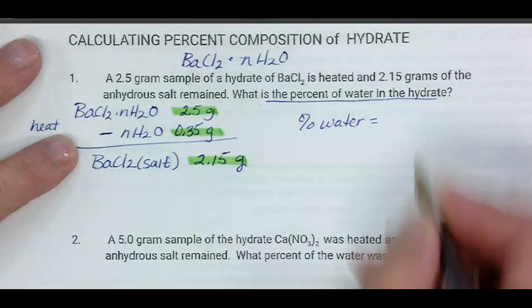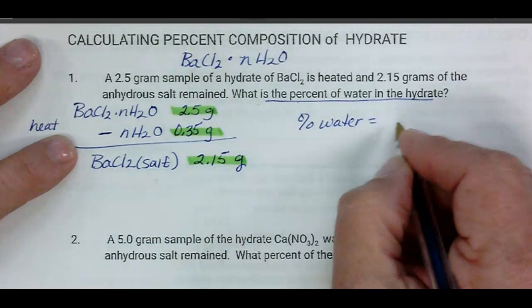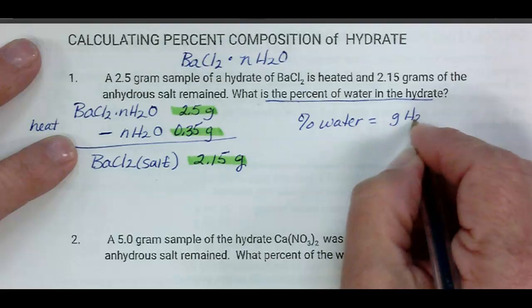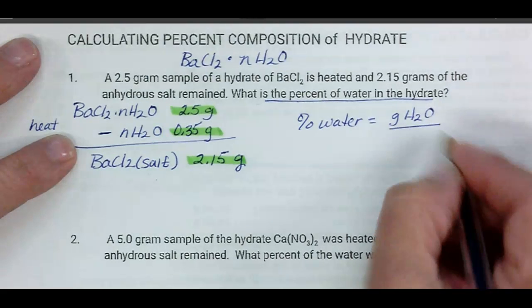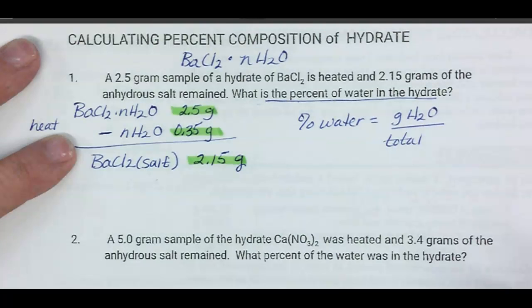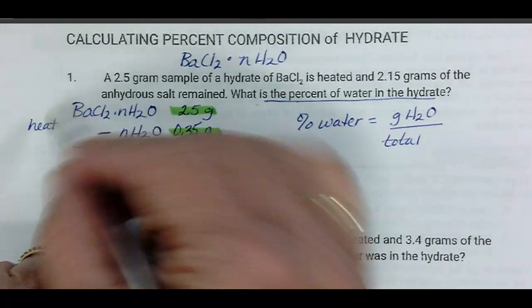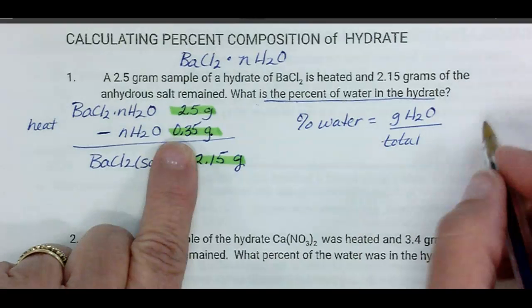So again, remember, to find percent of anything, it's how much of that I have. So in this case, it's the grams of water always over the total that I started with. And so I'm asking what percent of the barium hydrate is water.